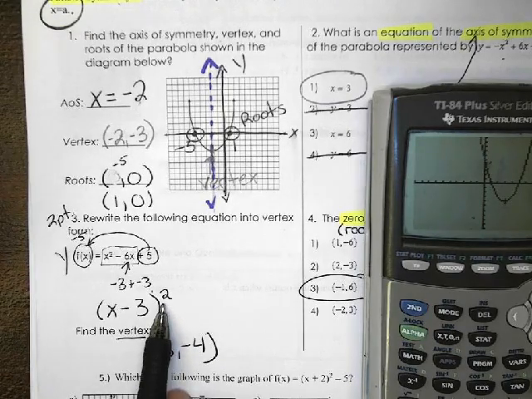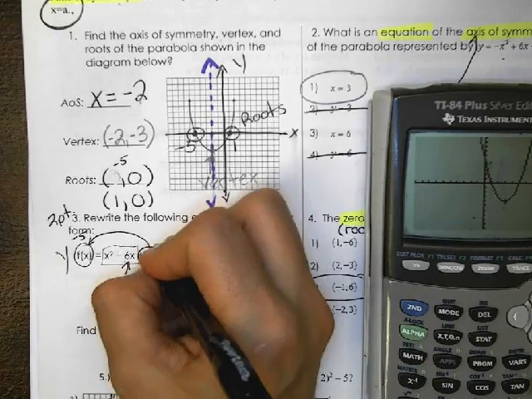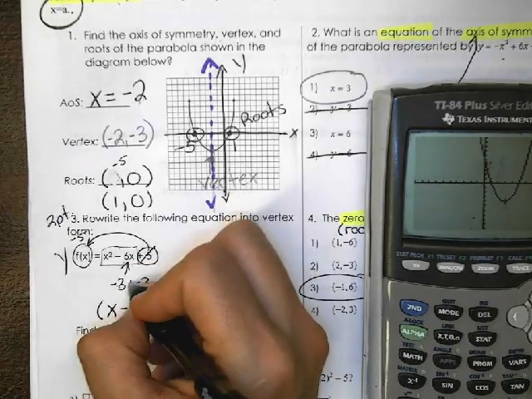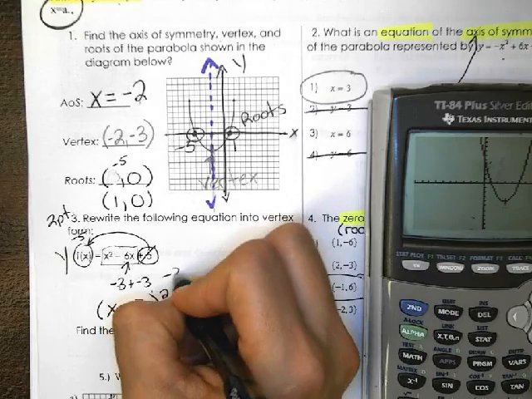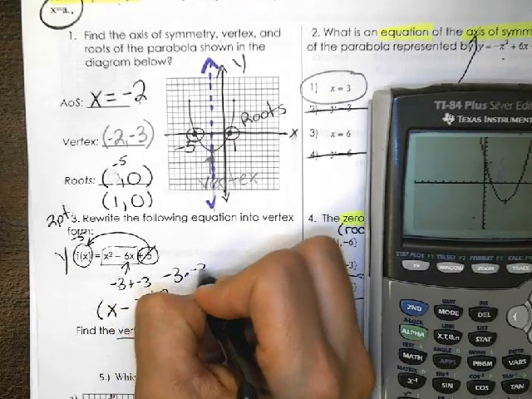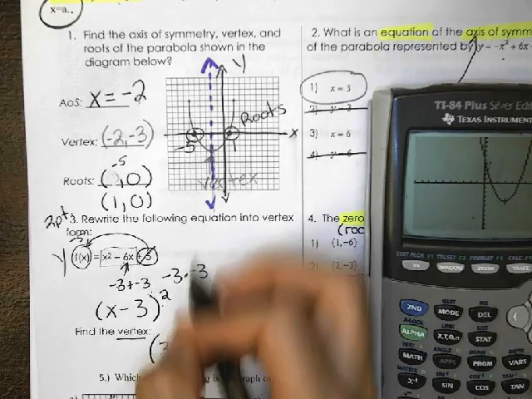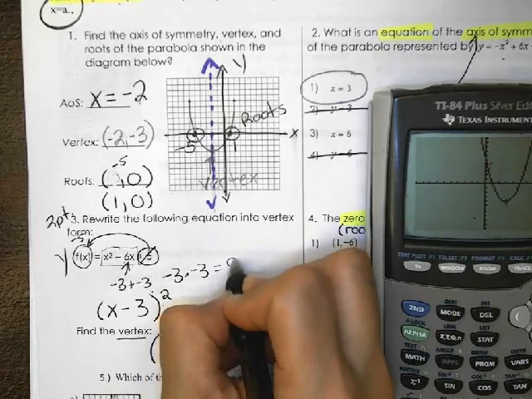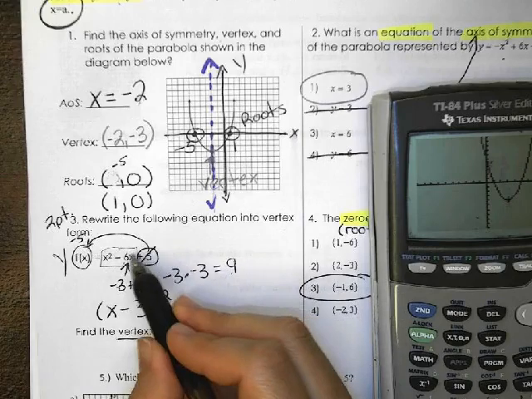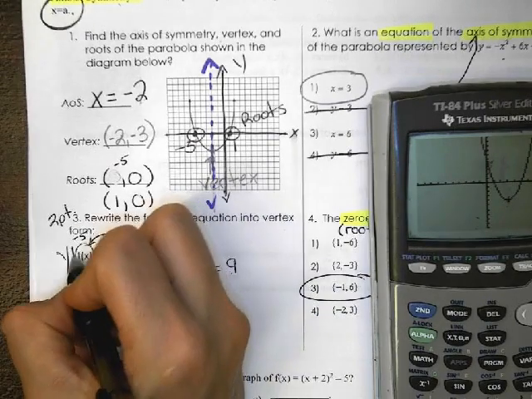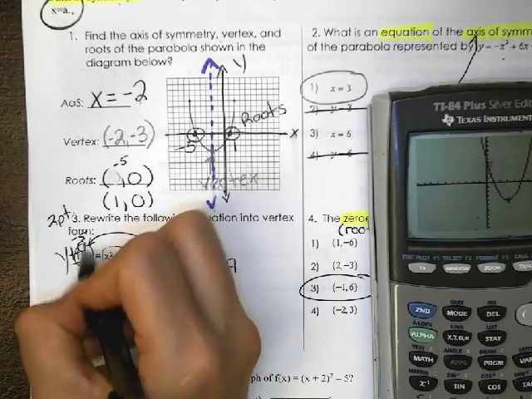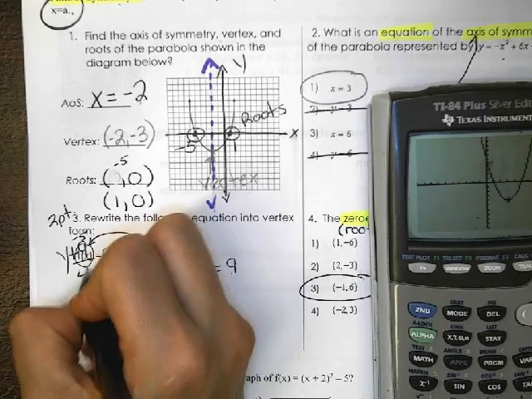Now, it's not finished. If we do a negative 3 plus a negative 3, we also have to do a negative 3 times a negative 3 to give us a perfect square. Equals 9. So if I add a 9 to this side, I have to add a 9 to this negative 5 over here, which creates a 4.